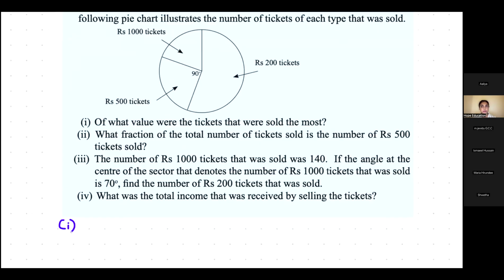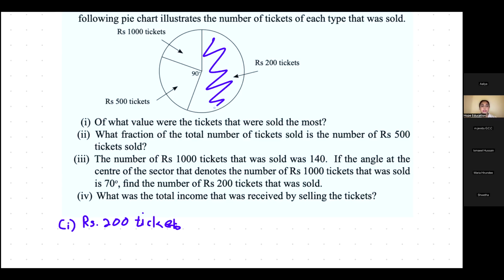What did you write? Yes, 200 rupees. Correct. So even without knowing the angle, we can pretty clearly see that 200 rupee tickets represent the larger angle.